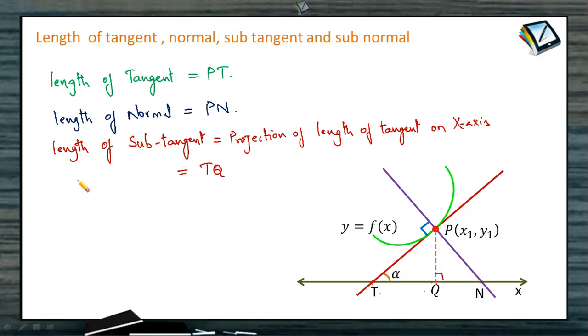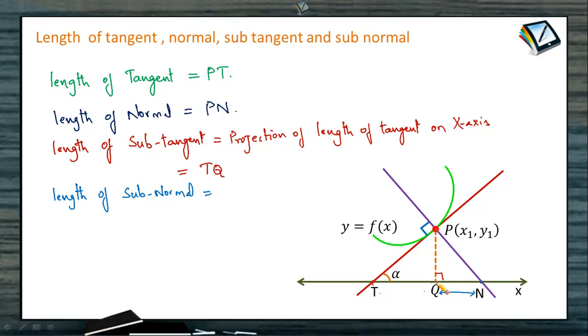Now I think you can define what is subnormal. Yes, the length of the subnormal is, by definition, where N is the point of intersection of the normal with the x-axis and Q is the foot of the perpendicular drawn from P on the x-axis. Then this segment QN is the distance between the two feet of the perpendiculars from N and from P, right?